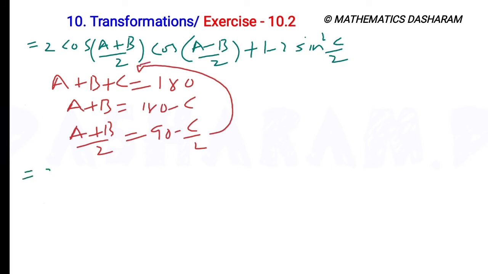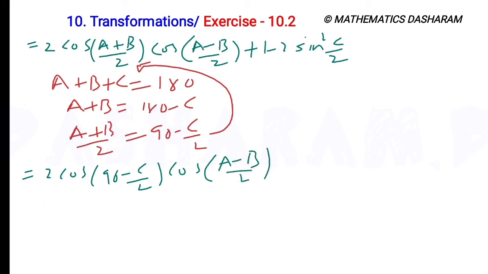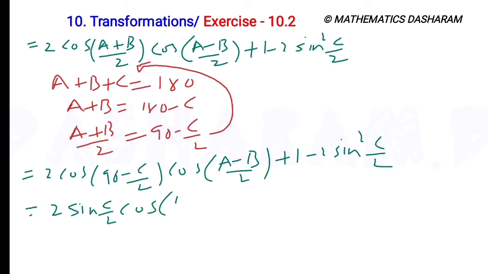So it is equals to 2 cos (90 minus c by 2) into cos ((a minus b) by 2) plus 1 minus 2 sin square (c by 2). Cos (90 minus theta) is sin theta. So then sin (c by 2) into cos ((a minus b) by 2) plus 1 minus 2 sin square (c by 2).